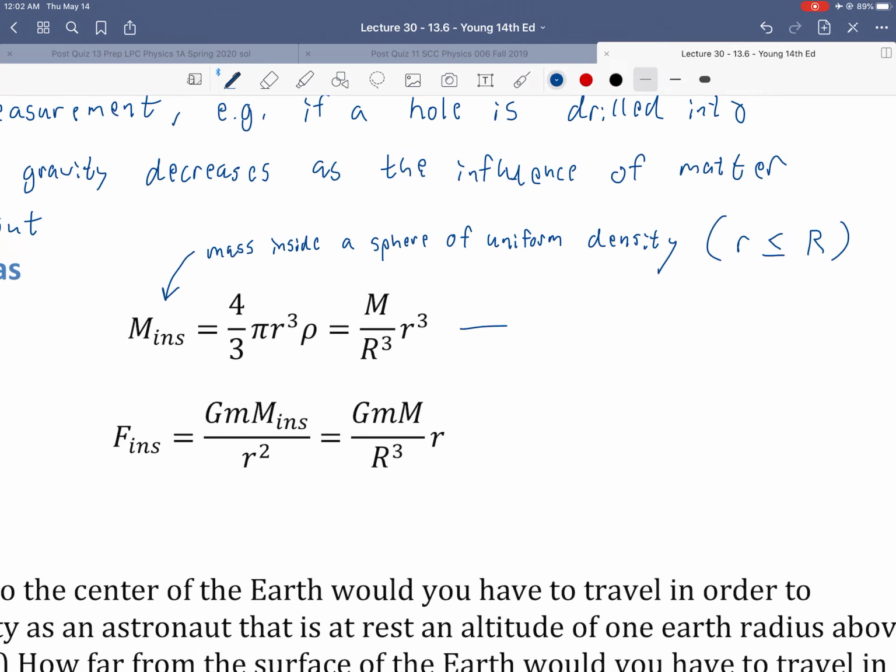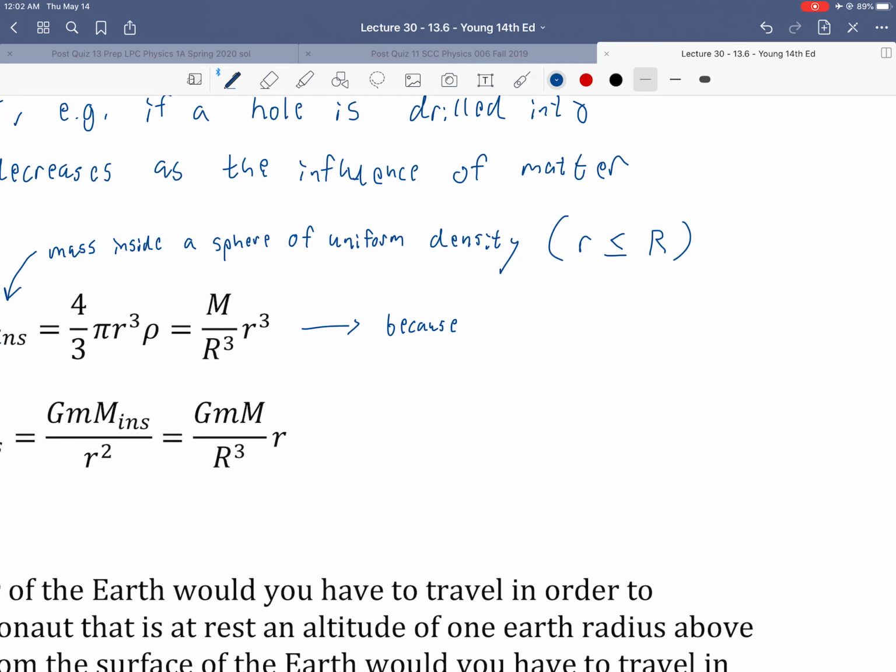So if I can elaborate on that, let me do so. Because rho is uniform, so this would be true of any uniform density sphere, it's just going to be the total mass over the volume. So it's just going to be M over V, where M represents the total mass.